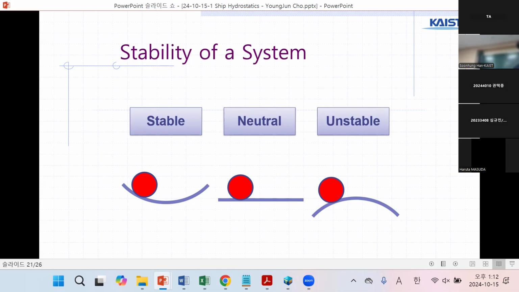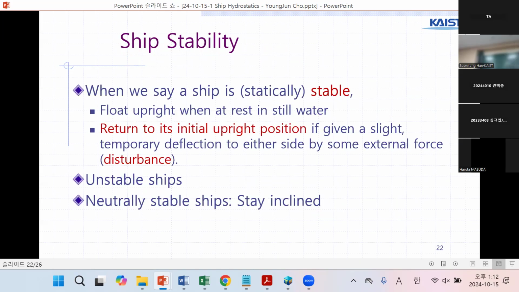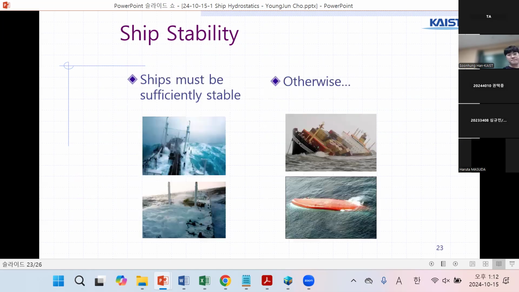So we can say a ship is stable if it returns to its initial upright position. And if the ship is unstable, it can be capsized, like this image. As you can see on the screen, it is a very unstable state.